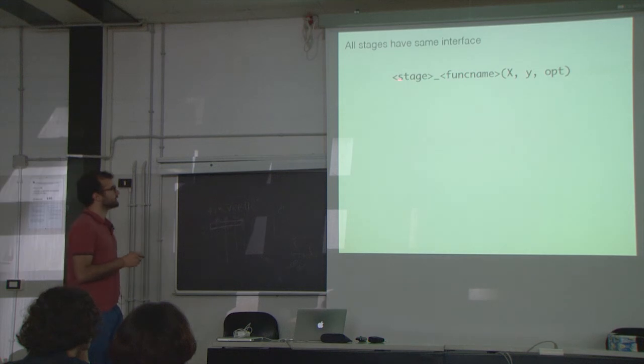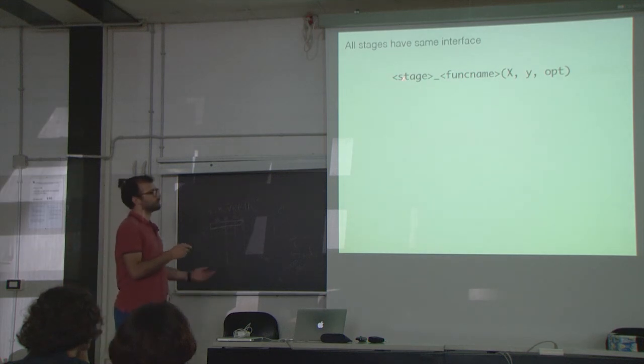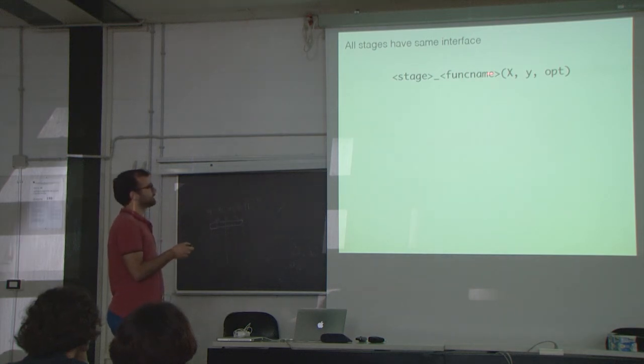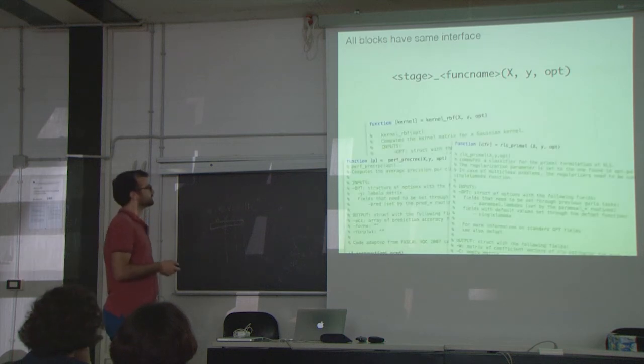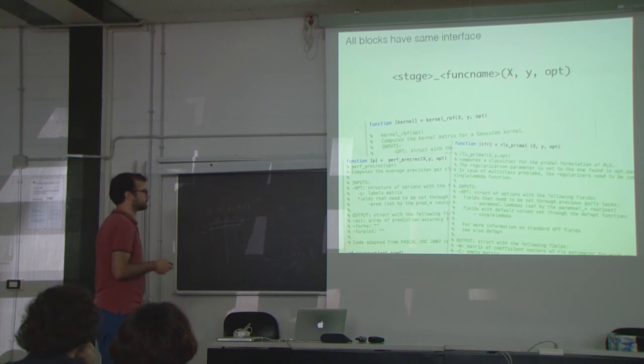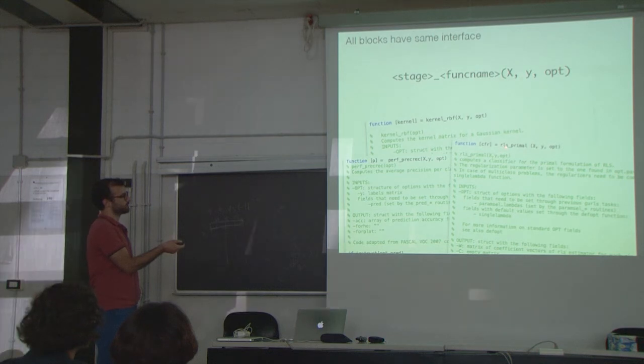That is given by the stage name, for example split or parameter selection, and then the function name, while the arguments are just the same. Here we have some examples: the signature for the kernel RBF, for performance measures, and for linear RLS.